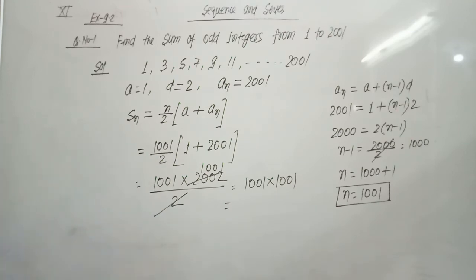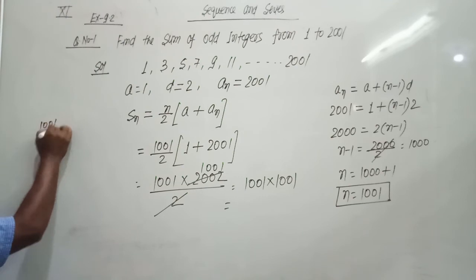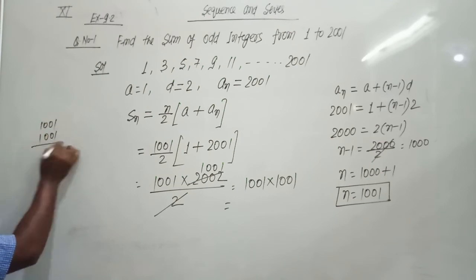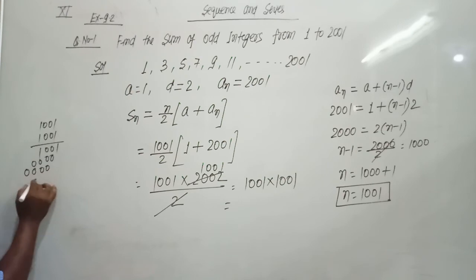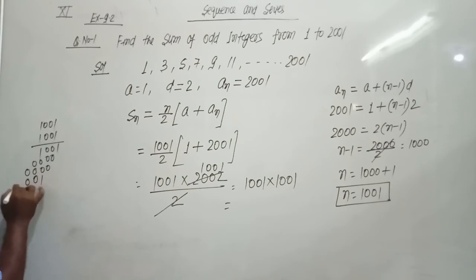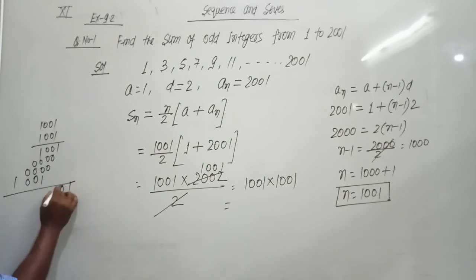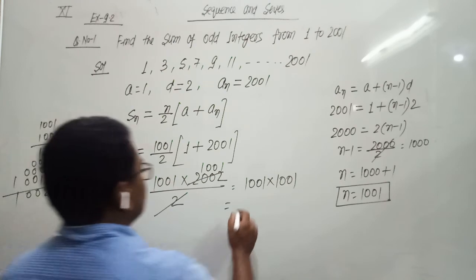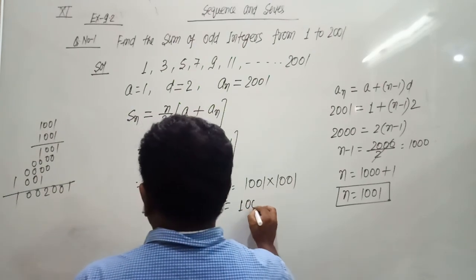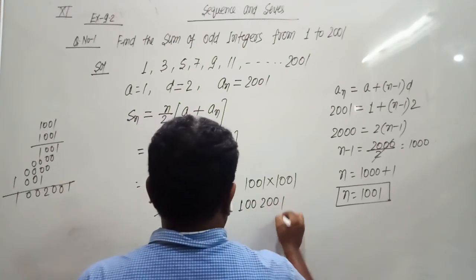So we multiply these two terms, 1001 multiplied by 1001. That is 1002001.